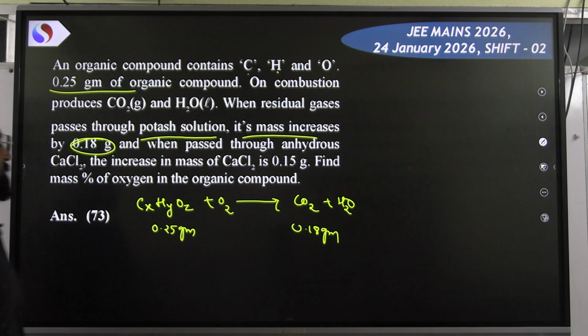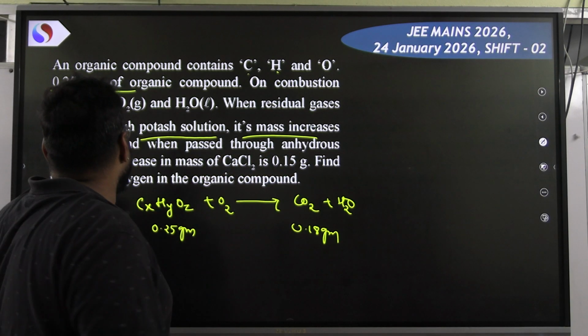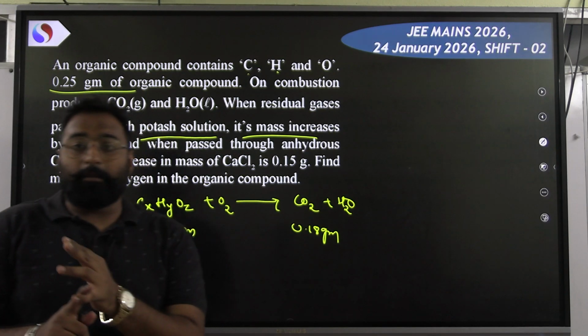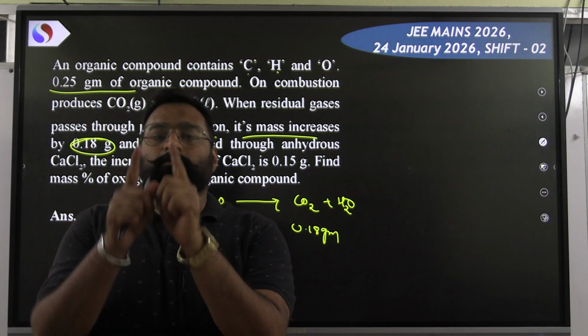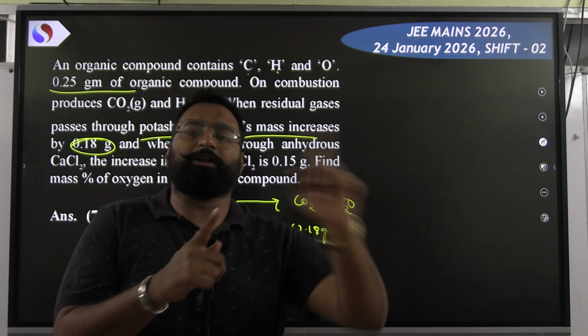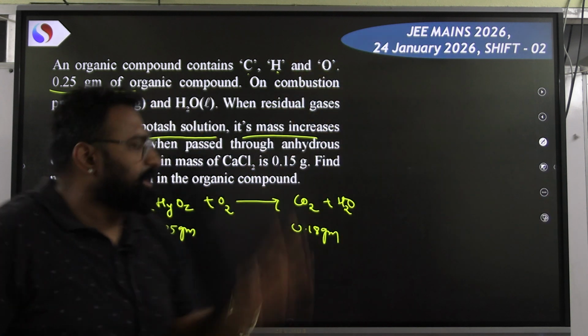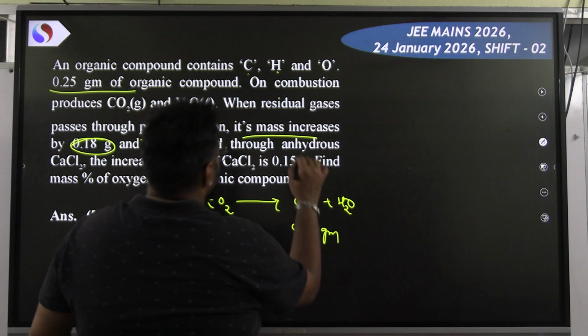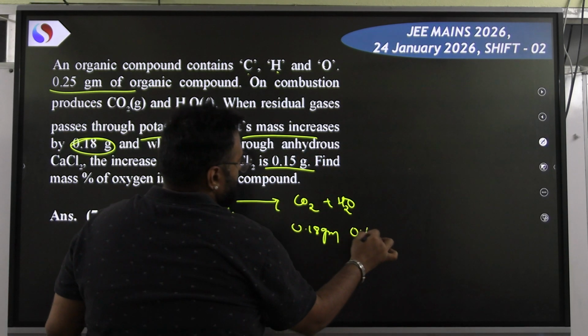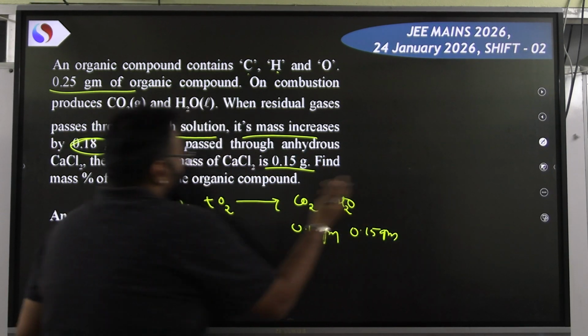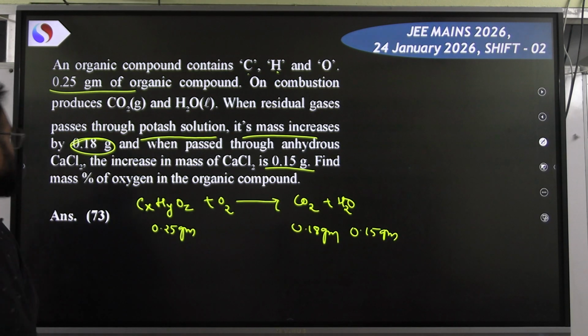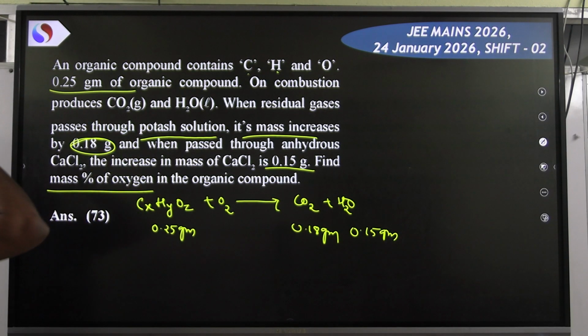When passed through anhydrous CaCl2, we are talking about water because anhydrous CaCl2 converts itself into hydrous CaCl2. So this is how much in the given question? 0.15 gram. So we have to find the percentage mass of oxygen.